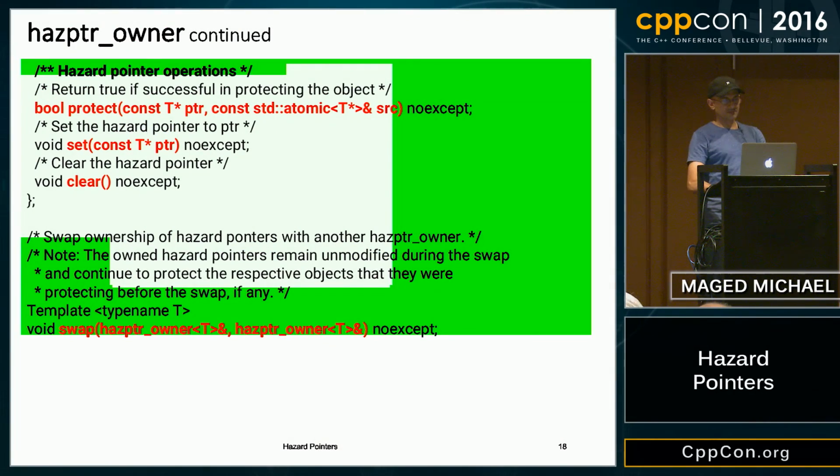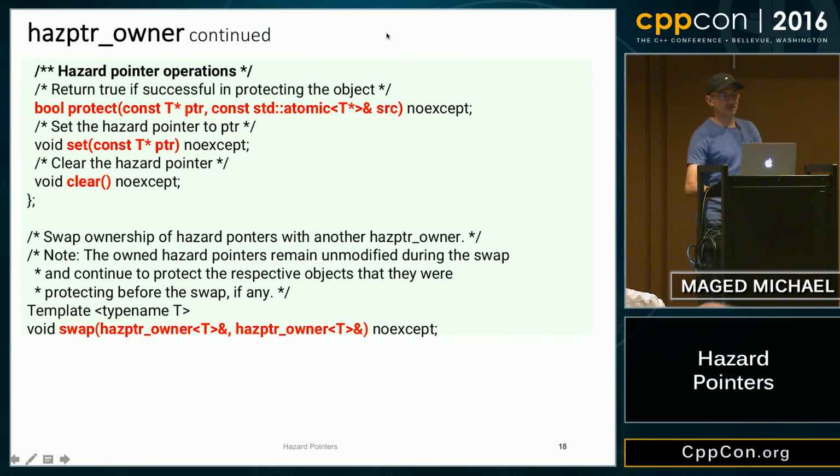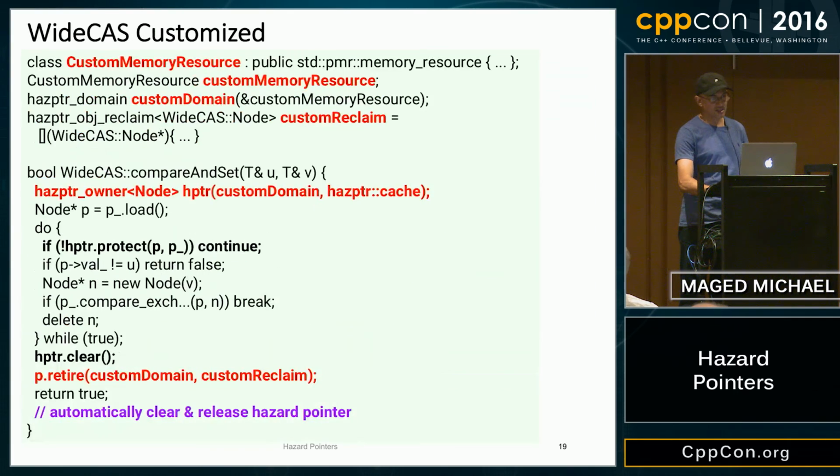Then these are the functions on behalf of the owned hazard pointer to protect the reference, to set the value, and to clear the value. And then there is a free function to swap two owners. This is good for hand-over-hand operations.